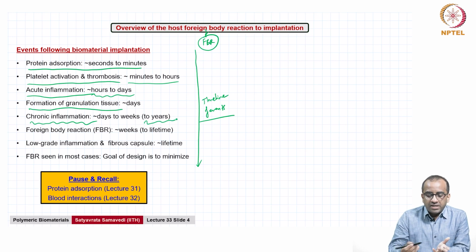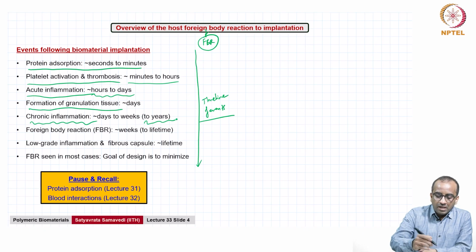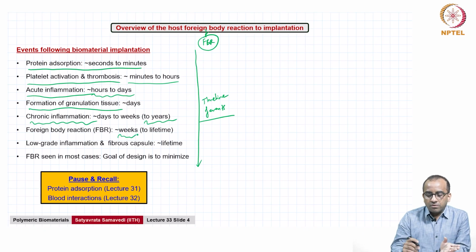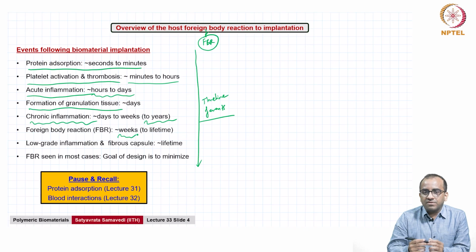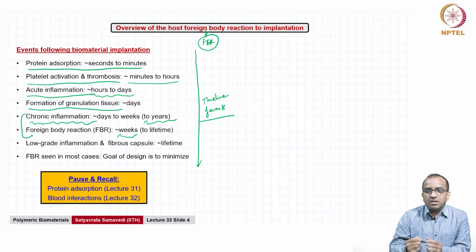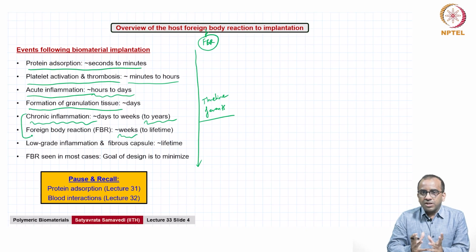And foreign body reaction, which is one type of very specific reaction to implanted biomaterials, happens over weeks, but usually will persist for the lifetime of the implant. Now, these two have to be read together, which is that an acute phase of inflammation usually transitions to granulation tissue and the remodeling or repair processes in the normal wound healing cascade. But because we are looking at biomaterial implantation, the response is actually quite different.